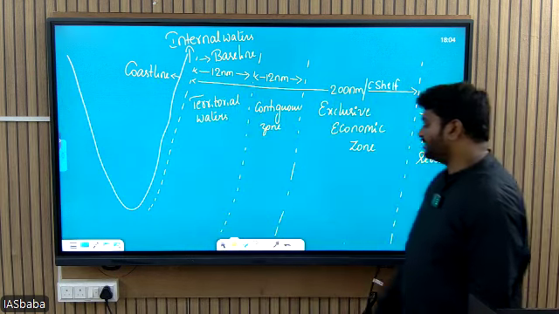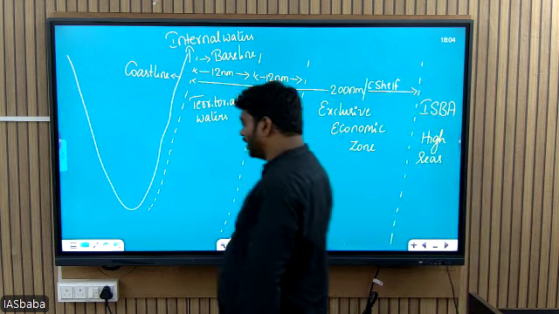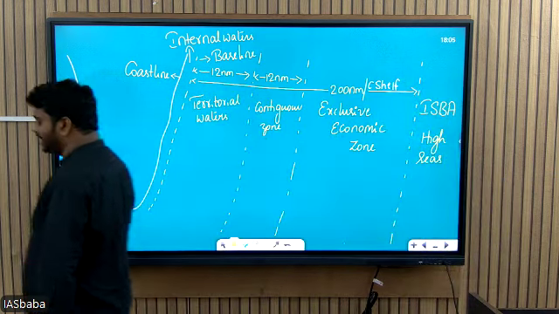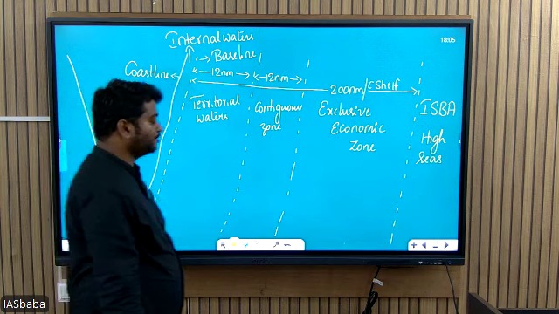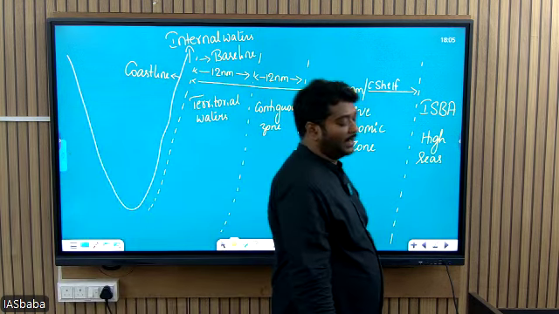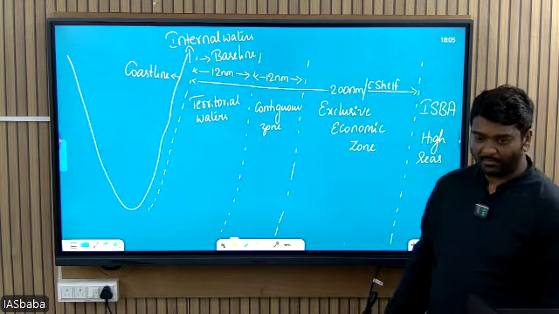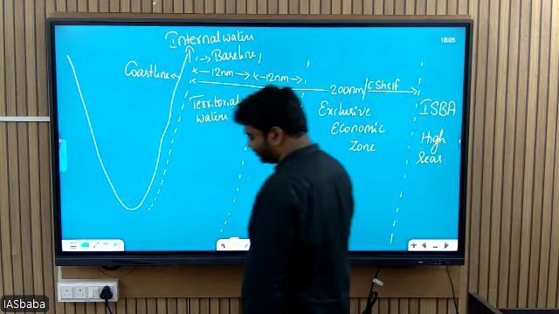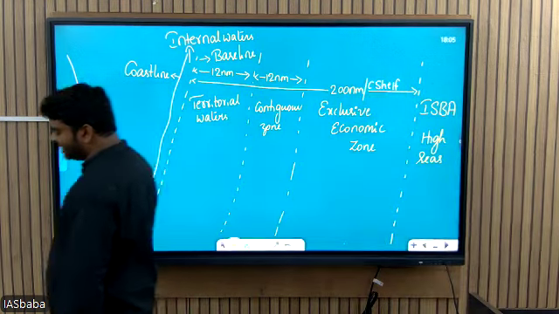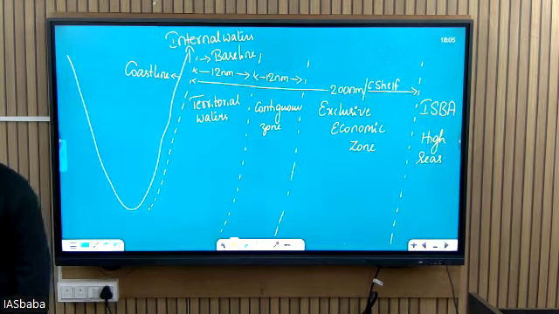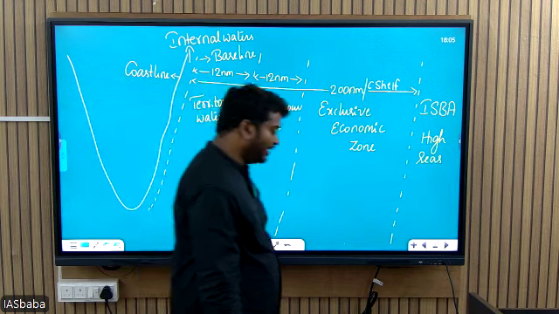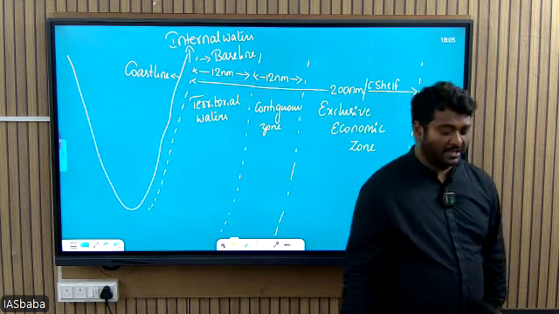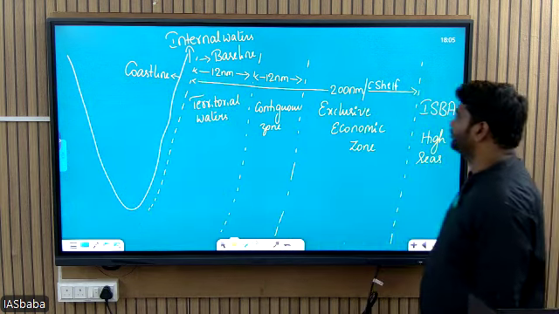That is, airspace is also controlled. But innocent passage is permitted in this particular part.